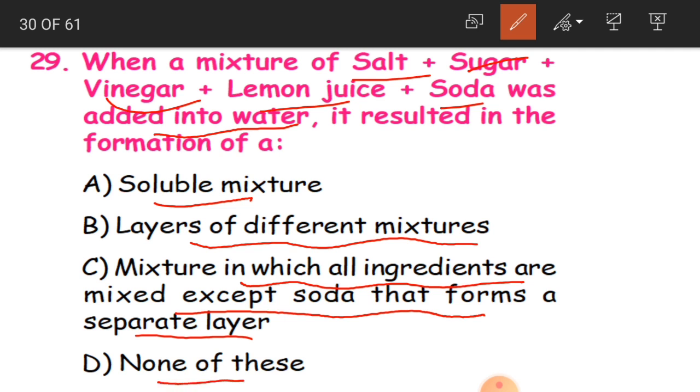So what will happen, children, when you add salt, sugar, vinegar, lemon juice and soda? All are going to mix up, but only soda is going to have a separate layer, which you can see as a white colored substance. So that is why C is the correct answer.